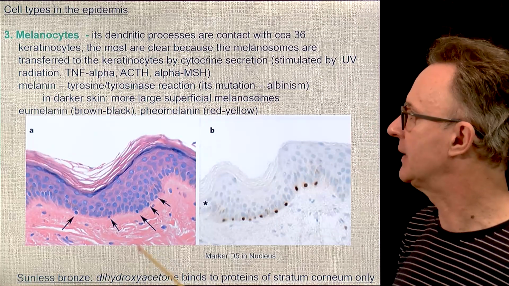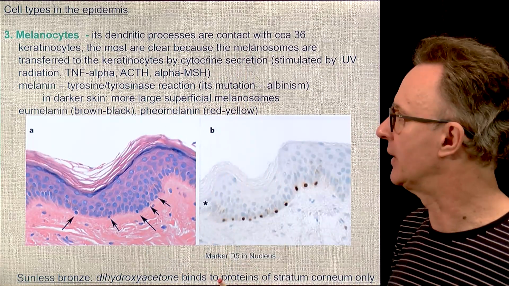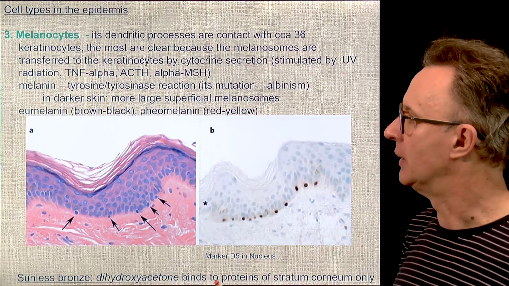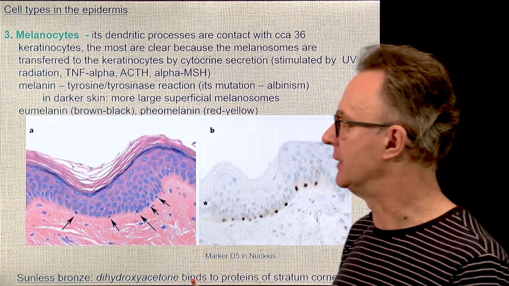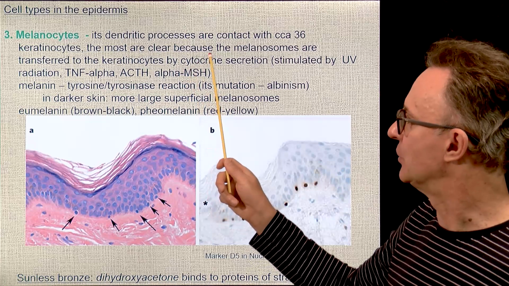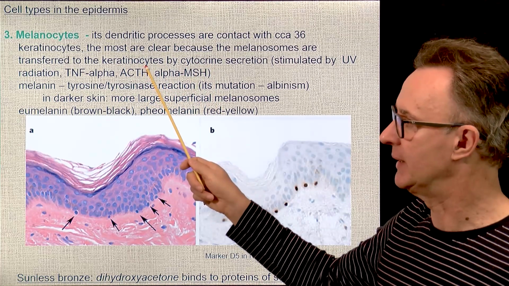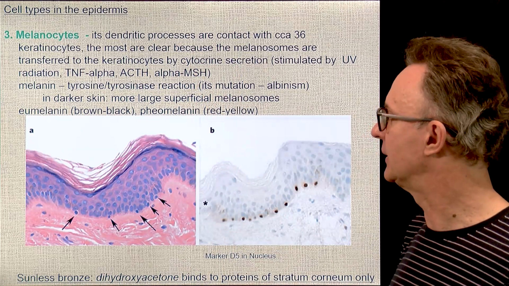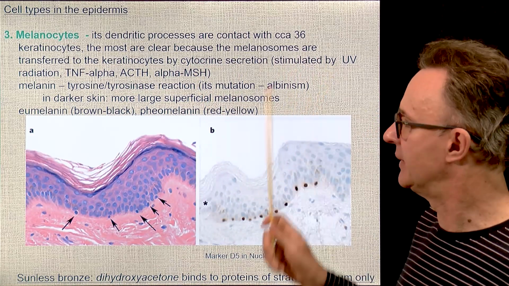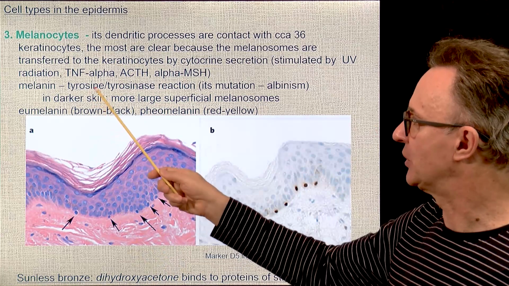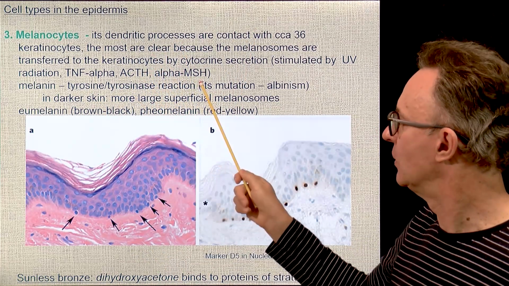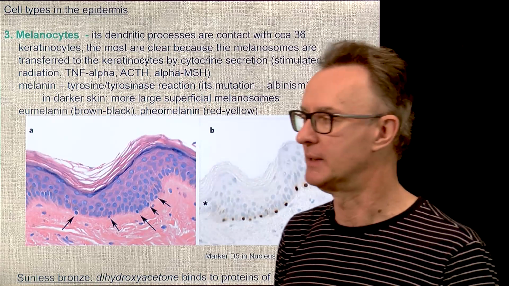The cells have several processes, dendrite-like processes, and that's why the cells are able to transfer the so-called melanosomes to the adjacent keratinocytes. This type of secretion is called cytocrine secretion, which is stimulated by the UV light or special factors such as ACTH, adrenocorticotropin, or MSH, melanocyte stimulating hormone.